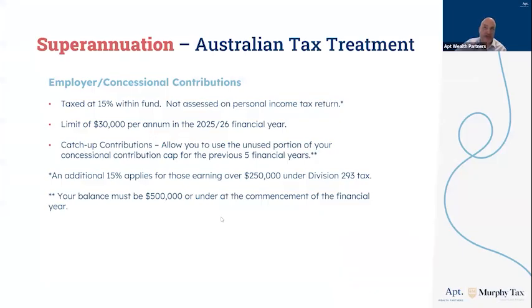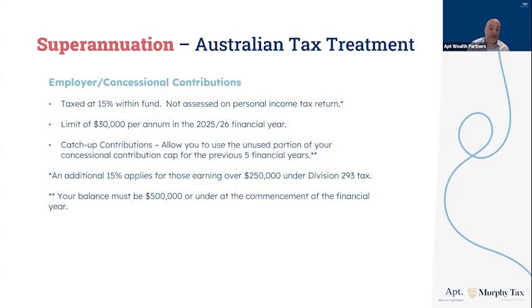Superannuation is really recognized globally as one of the best retirement systems around the world, and you'll see why. Essentially, the money going into superannuation from your employer is taxed at 15%, or if you make salary sacrifice as a pre-tax contribution, 15% tax on the money going into super.